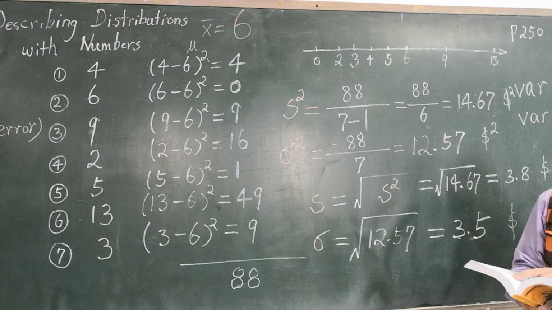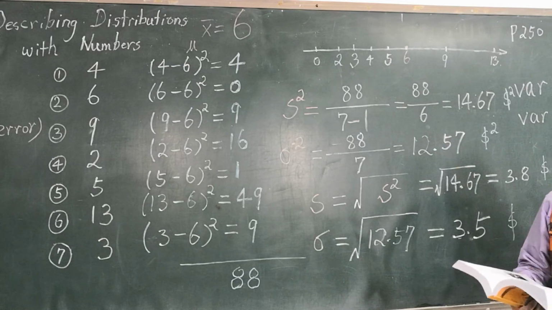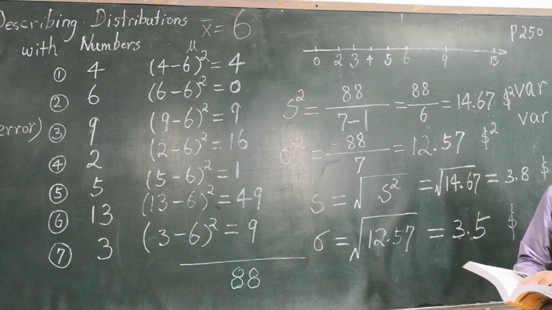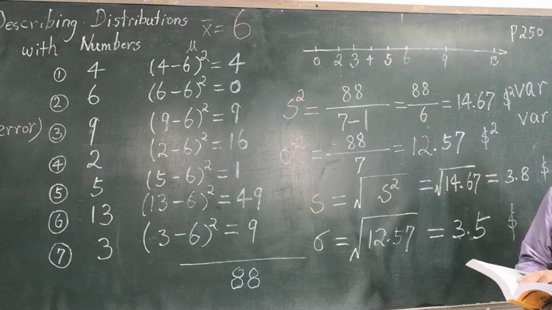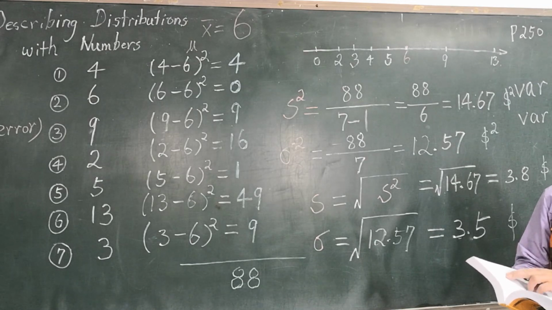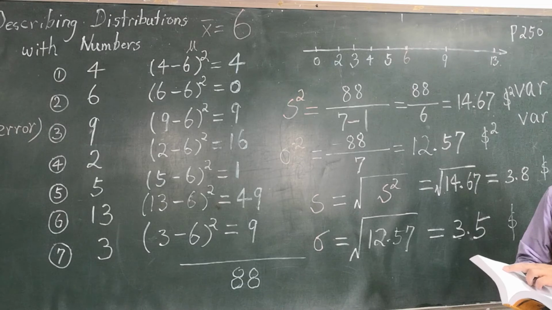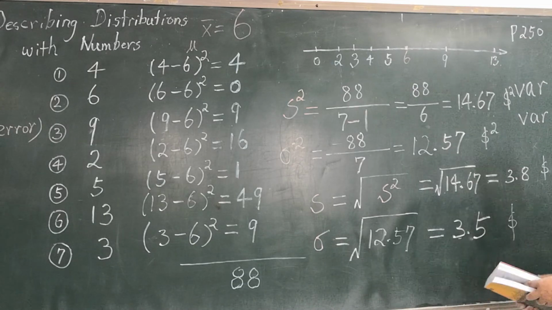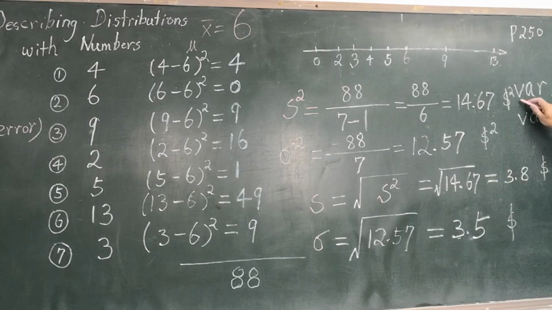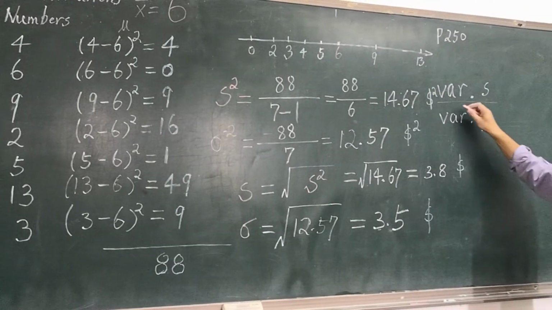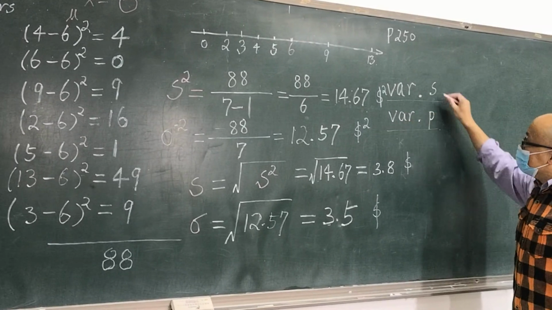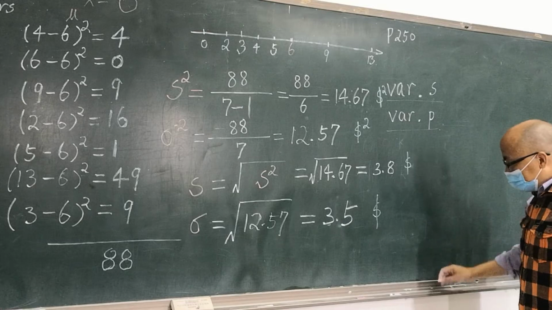Many calculators have two standard deviation buttons, giving you a choice between dividing by n or dividing by n minus 1. On Excel, you will see you have this to give you the variance sample population.